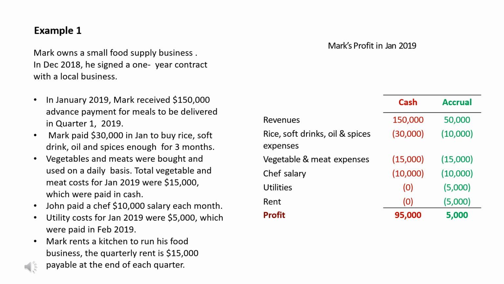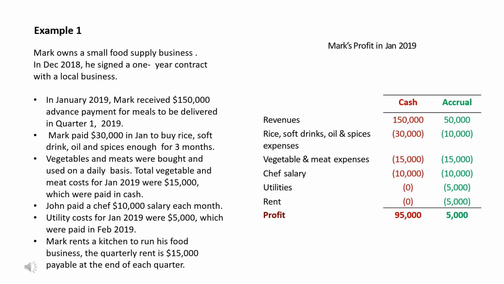Let's explain a bit more. In case of cash accounting, revenue was recorded as 150K because that's when he got paid the money. Similarly, rice, soft drinks, oil and spices expenses were recorded as 30,000 even though that cost was for the entire quarter. And same logic applies for all the other items.